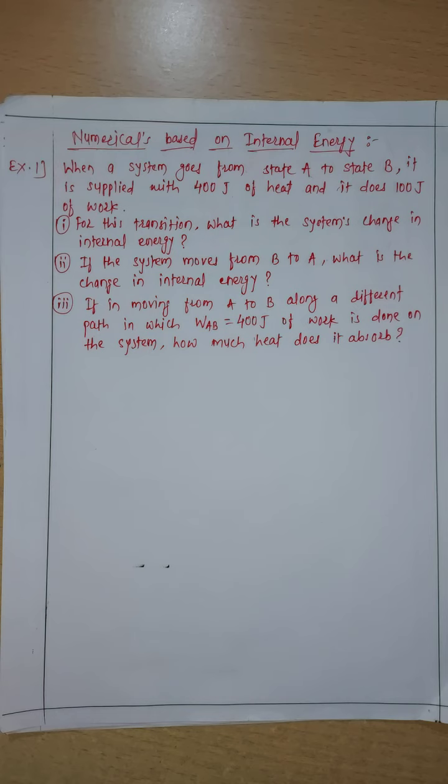Next, the formula becomes: change in internal energy equals 3 by 2 nR delta T. This formula is for the internal energy of an ideal gas. To get it, we studied the law of equipartition of energy and the degrees of freedom.